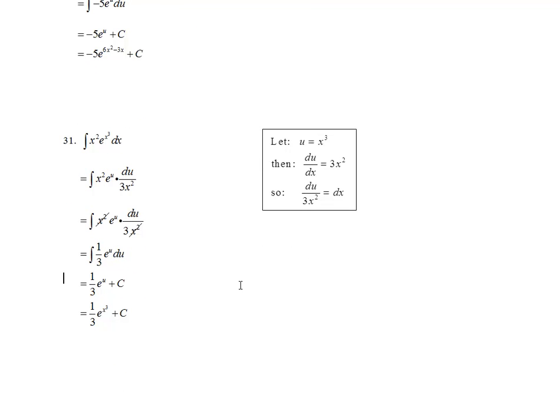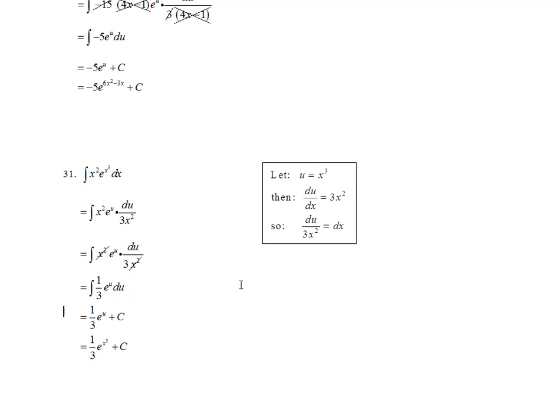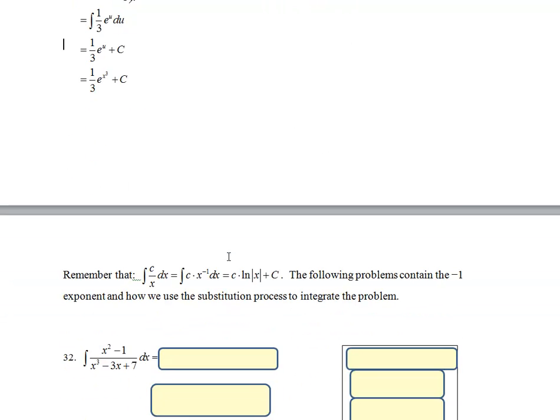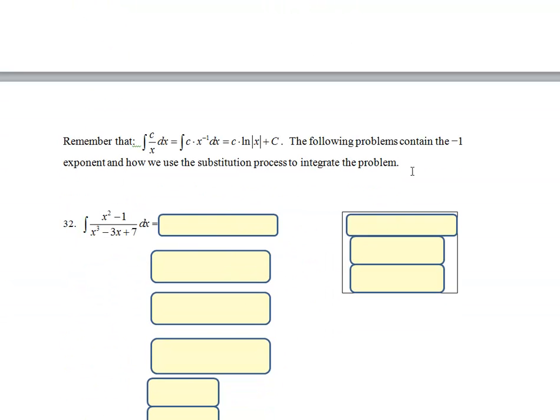One more part. This is what I said, the integration by substitution part 2. Well, I've actually got 2 pieces here. This is the e. The next one I have to look at deals with an exponent of negative 1. Now remember that when I had the integral c over x dx, it equaled the integral c times x to the negative 1.